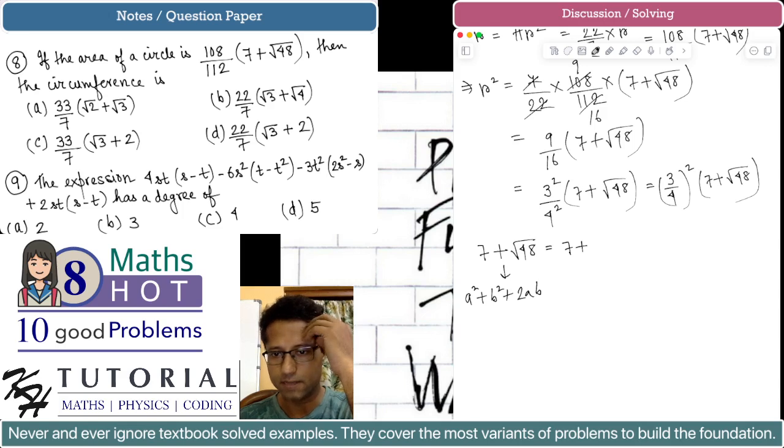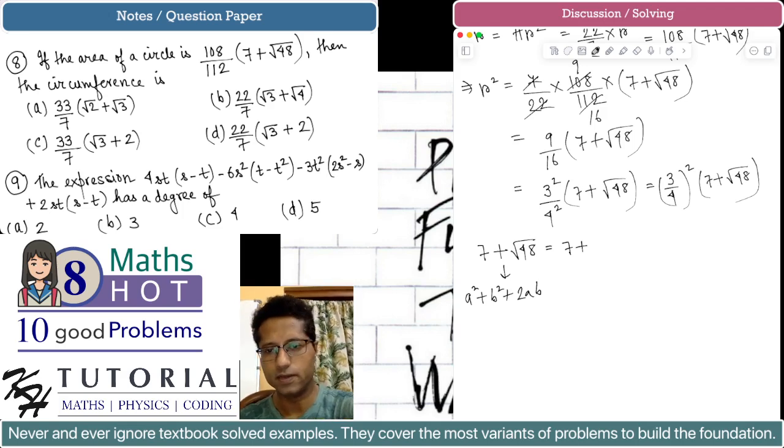So what can a and b be? We need twice ab to be square root of 48.